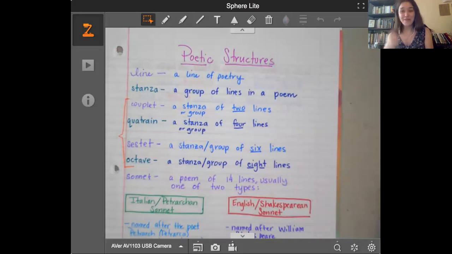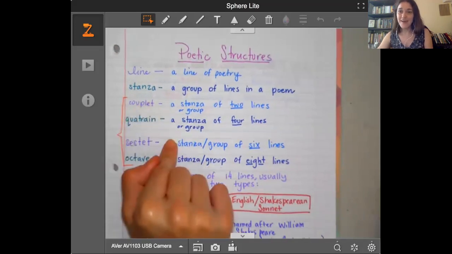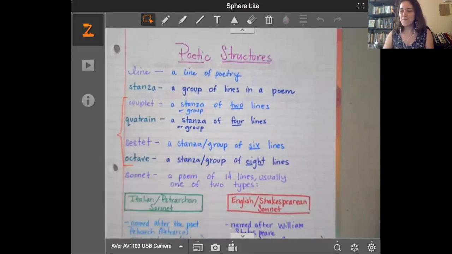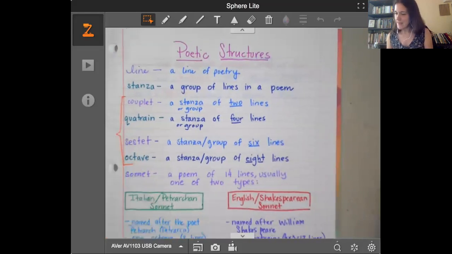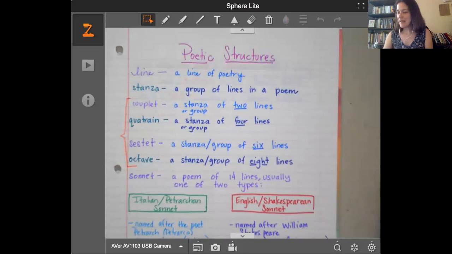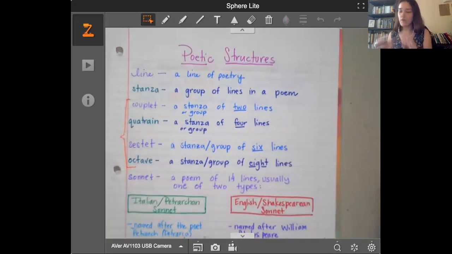A sestet is a group of 6 lines. And then an octave is a group of 8 lines. These words might be familiar to you if you play music. They're also familiar because they come from Latin, just like Spanish does. So these are kinds of groups of lines that we have in poetry.